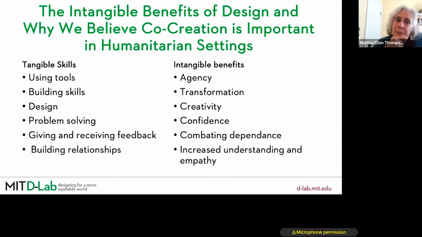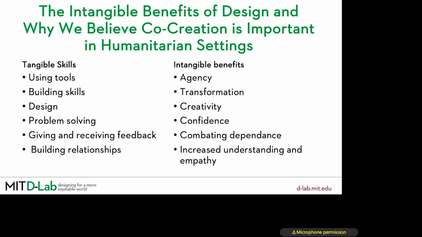We feel that part of this also really helps people build relationships. People learn about giving and receiving feedback. In terms of intangible benefits, often people who are displaced get agency taken away from them. They lose agency. We feel involving them in a process where they prioritize the problem and come up with the solution really is a way of restoring agency and can be a transformative process.